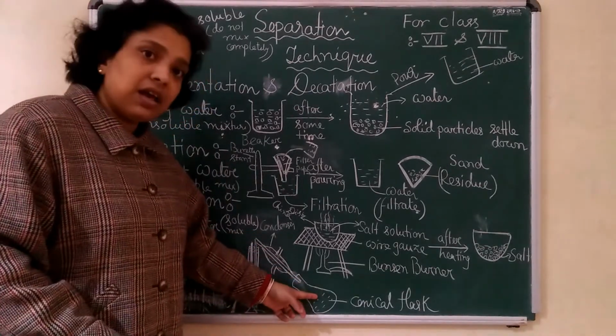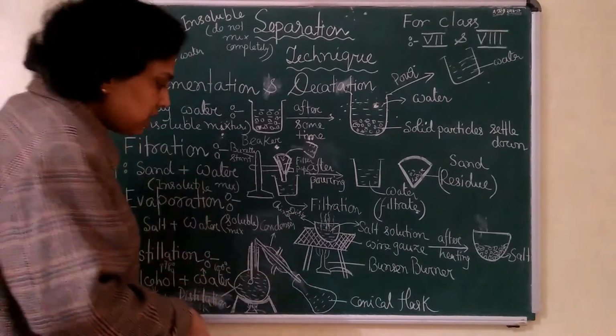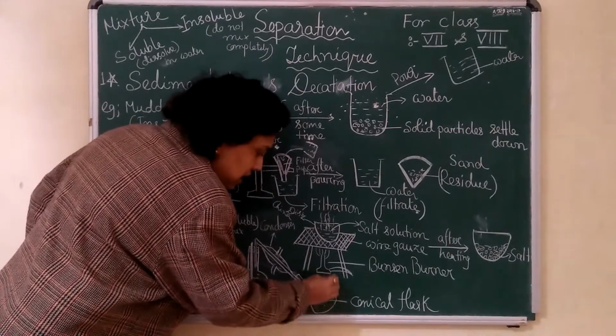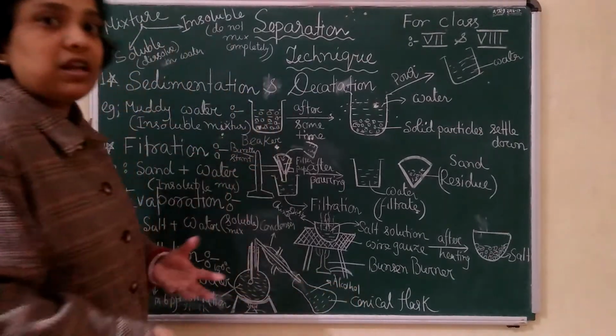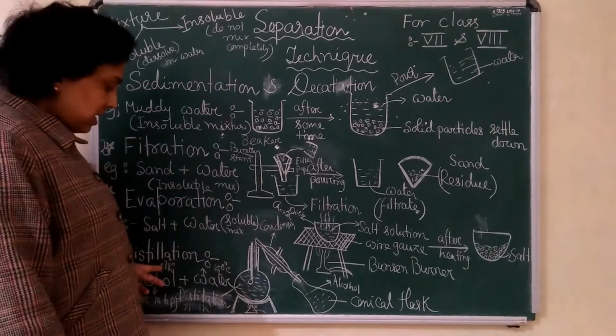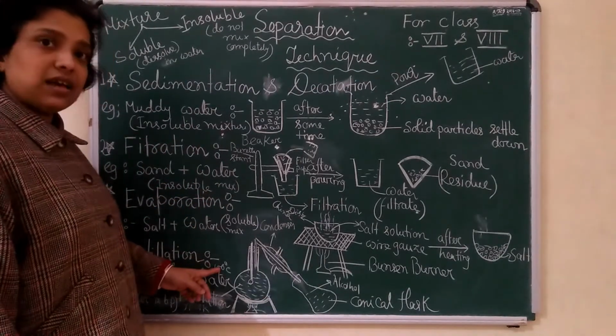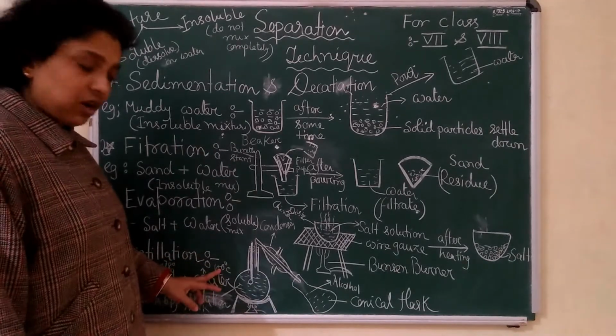The first fraction, the first liquid you are getting, is nothing but alcohol, because alcohol evaporates fast at a low temperature. The temperature 78 degrees is less, 100 degrees is more. So this one has the lower boiling point, this one the higher boiling point.